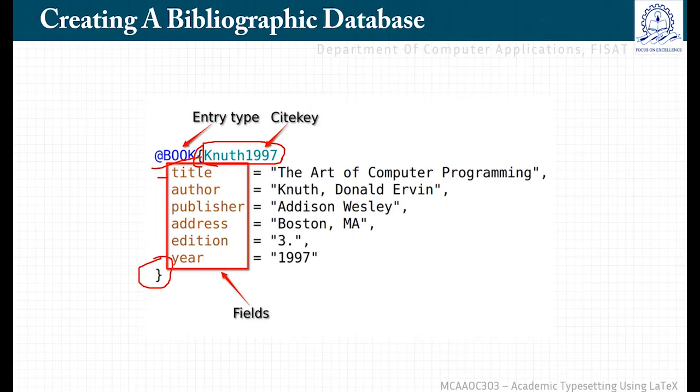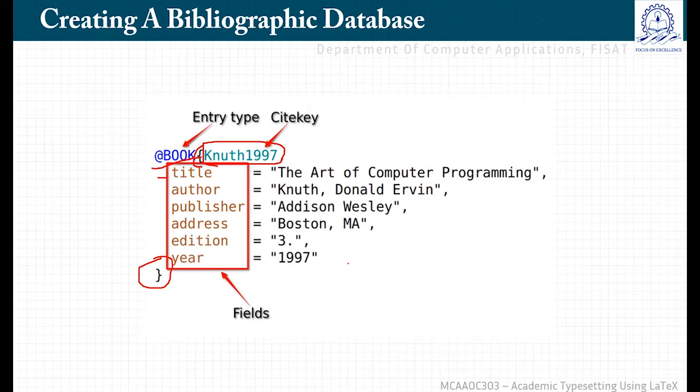Each field consists of a field name and an equal sign, with optional spaces on either side, and the text field. The field names shown here are title, author, publisher, address, edition, year, etc. Here the text must be enclosed within double quotes or in curly braces. This is only an example of a book type entry in the .bib file.